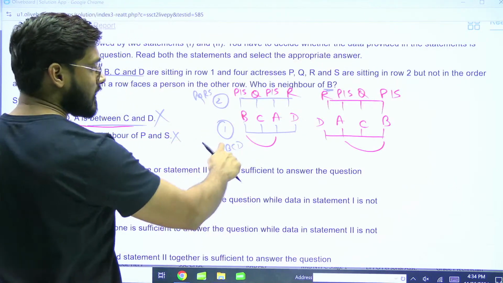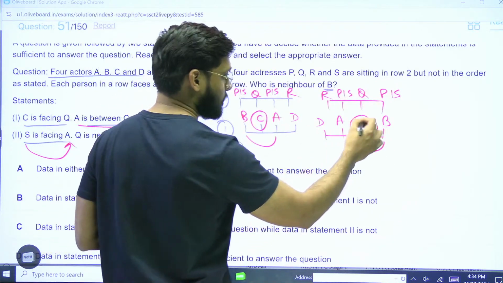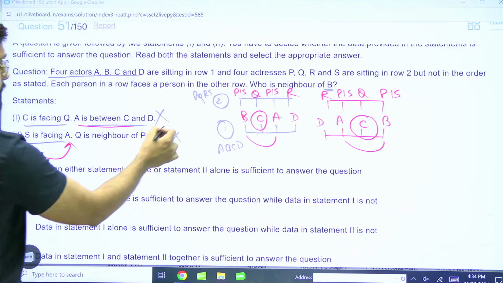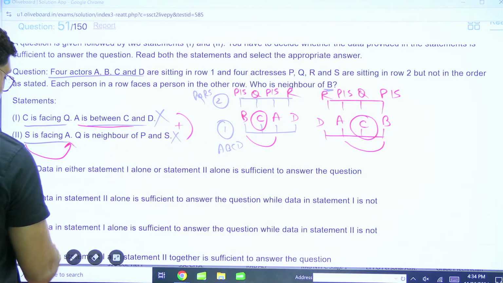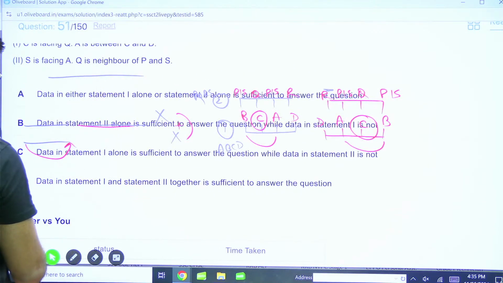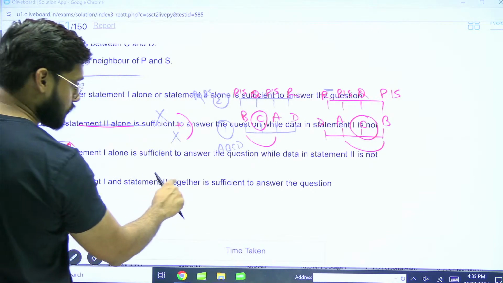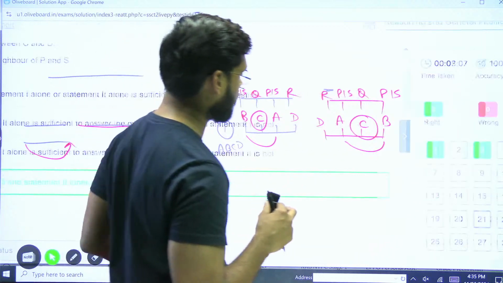In both the cases, I can see the neighbor of B is C. So with the help of both the statements, I can answer. Let's mark this question: both statements required. The answer should be option D, data in statements 1 and 2 together. Yes, it turns green, which means we have done it right.